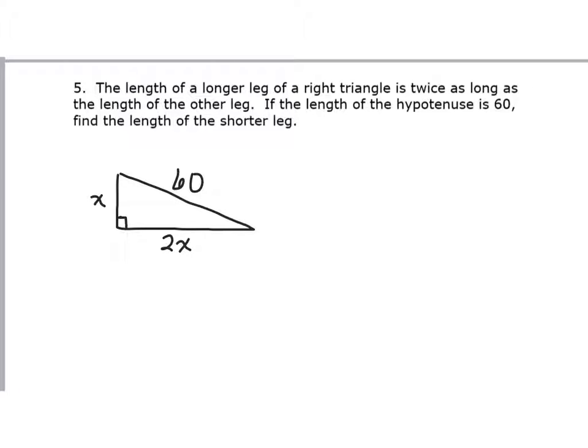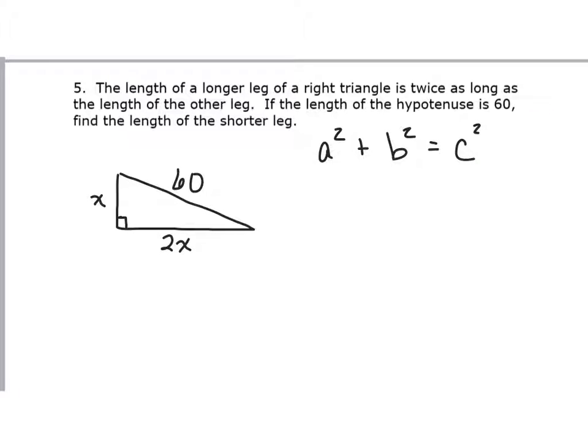Since I have two unknowns, I can't say I'm going to add or subtract inside the square root, because I don't have two numbers to put inside it. So we have to go back to our regular a squared plus b squared equals c squared. When you're doing a squared, that's the leg times itself.